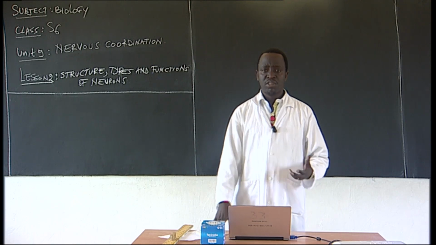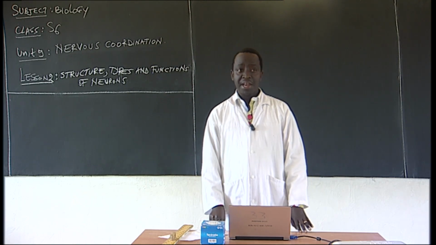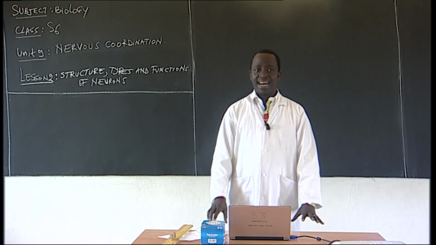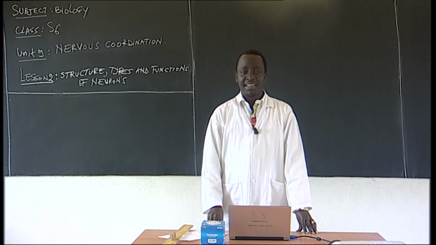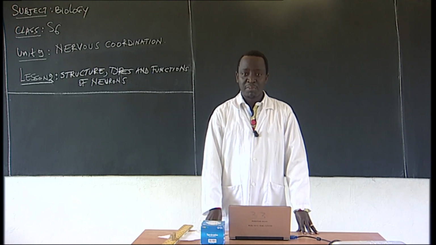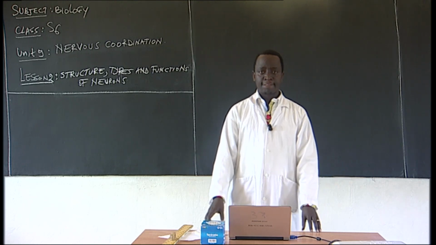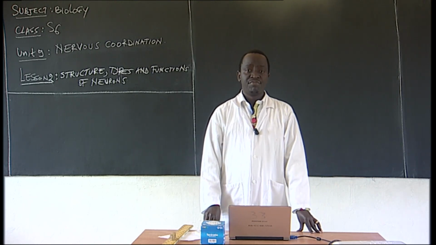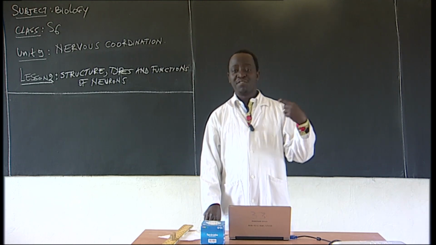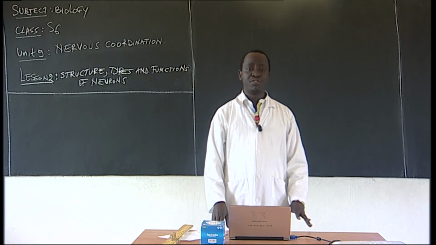So when we talk about neurons, what's that? A neuron is also called nerve cell. And then we can say it's the functional unit of the nervous system. In the activity the nervous system does, those neurons are involved because they are the ones that are used to carry information.